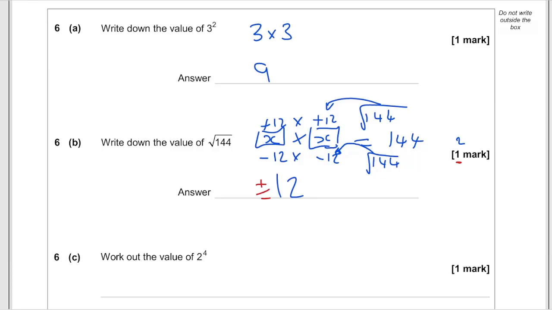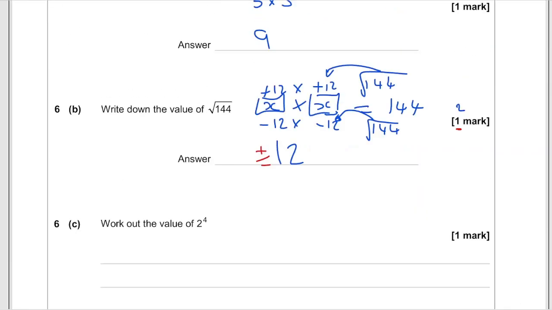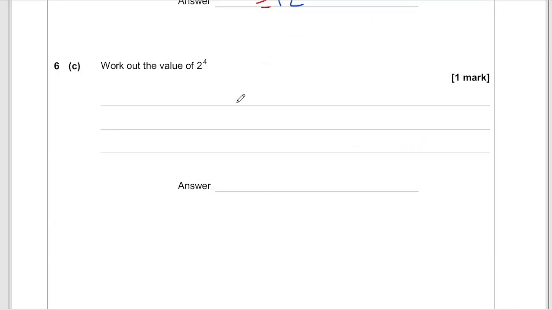So the next one, work out the value of 2 to the power of 4. Now again, remember 2 to the power of 4 is 2 times itself 4 times. One of the common mistakes that people make on this one is they do 2 times 2 times 2 times 2, and then they do another times 2.